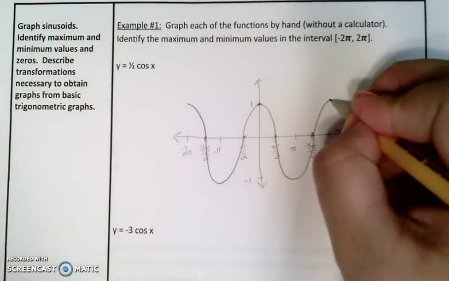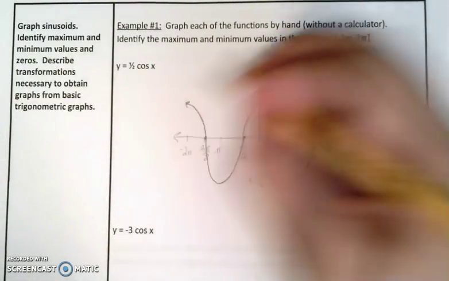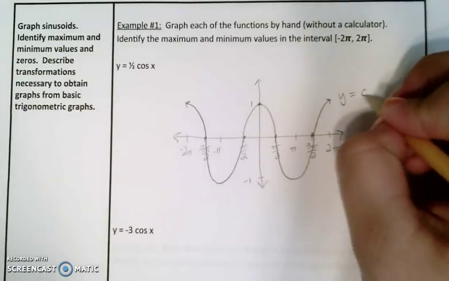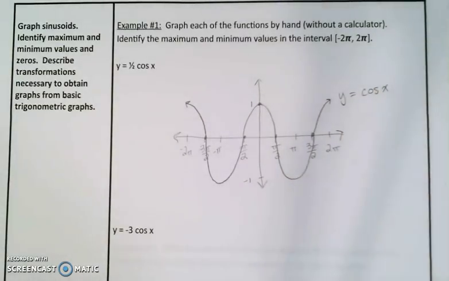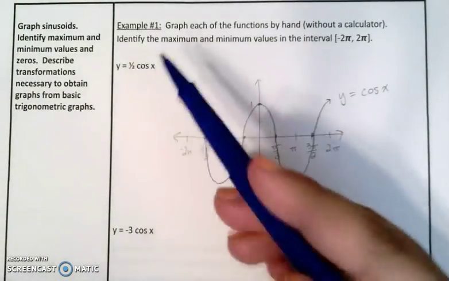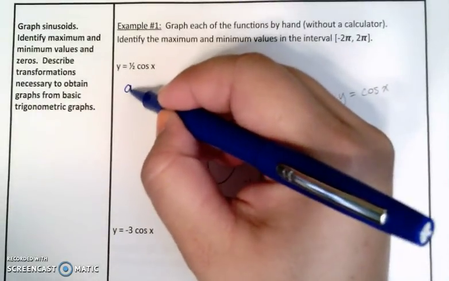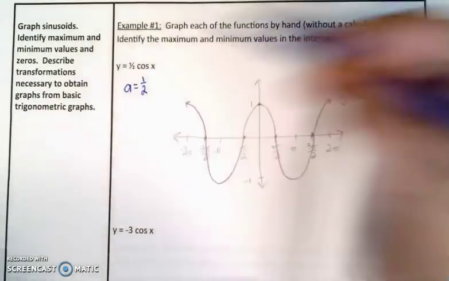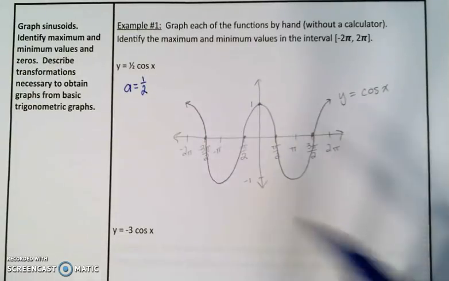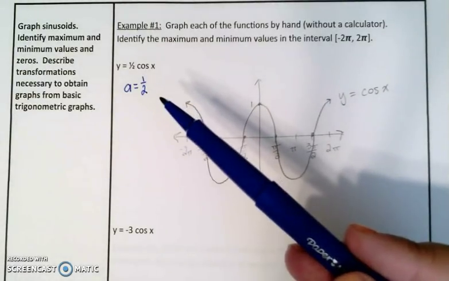Again, that is just the graph of y equals cosine of x. Now I want to graph y equals 1/2 times cosine of x. That 1/2 is my a value. A equals 1/2, so my amplitude has been multiplied by a factor of 1/2.